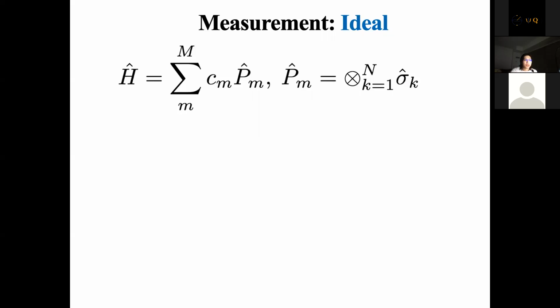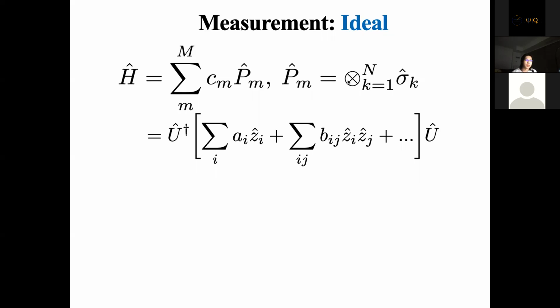Now, I wrote sigma here, but sigma is just either identity or X or Y or Z. So this is what you saw before. Now for measurements, because our quantum computer can only measure the Z matrices, you'll have to find this unitary U that rotates your entire Hamiltonian into a form that consists of only the Z matrices in the middle.